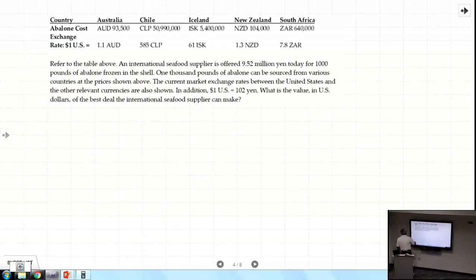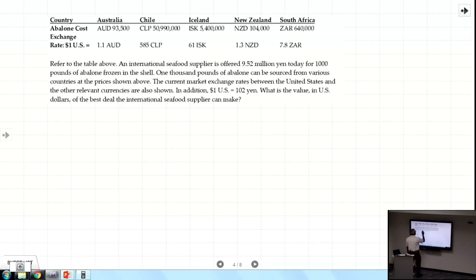Okay. Let's look at a different type of problem over here. This one is kind of like the problem we did earlier, which is looking at cost-benefit analysis across different currencies.